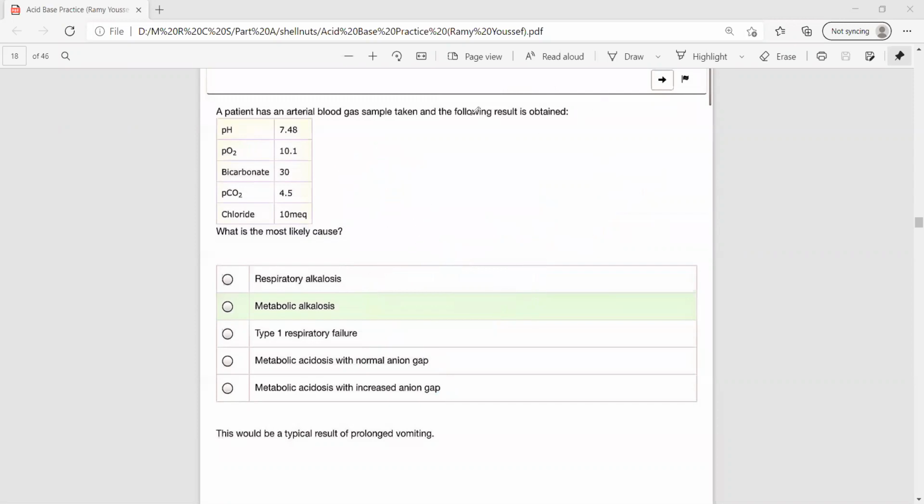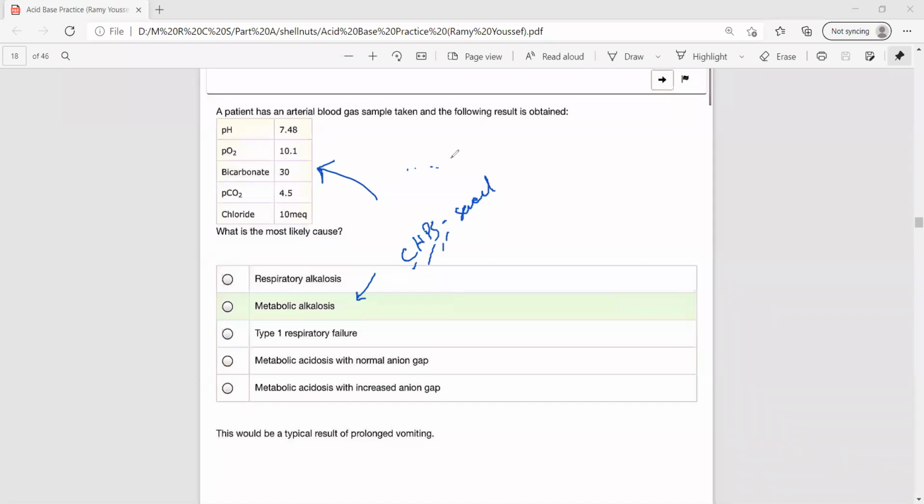The other question is where he gives you a scenario with chronic hypertrophic pyloric stenosis, and the patient has severe vomiting. What do you expect the ABG to have? And he asks you about the parameters of the ABG.